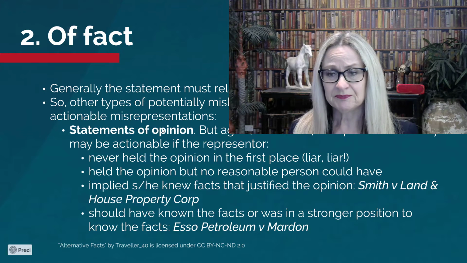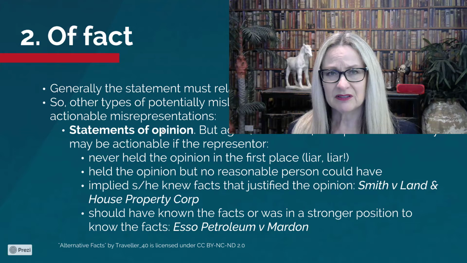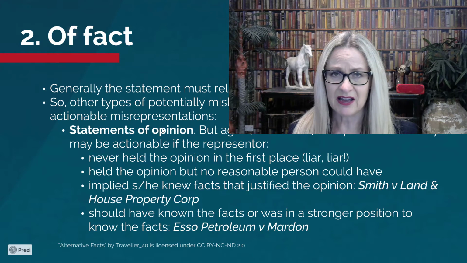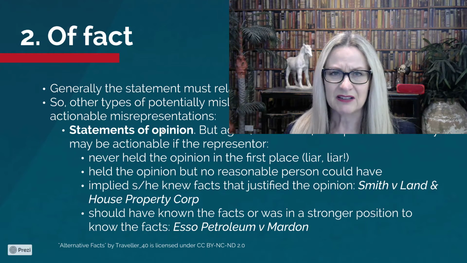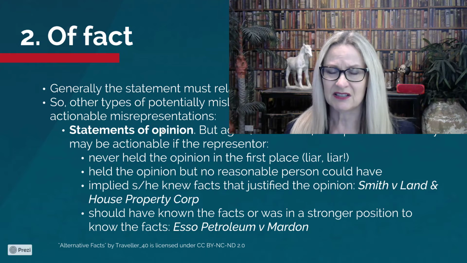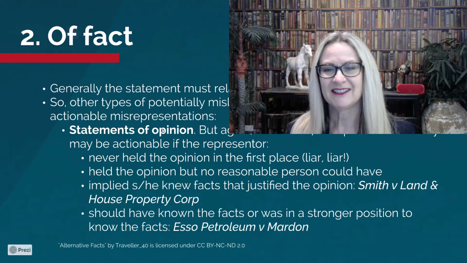In that case, because Smith was the one that really had the access to knowledge of the true facts, there was a suggestion when he said that Mr. Fleck was a most desirable tenant, that there was a raft of evidence underneath that representation that would support it.